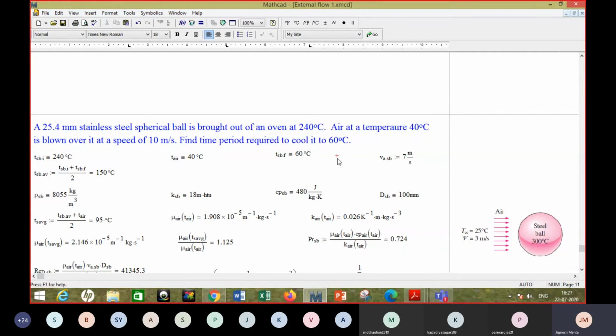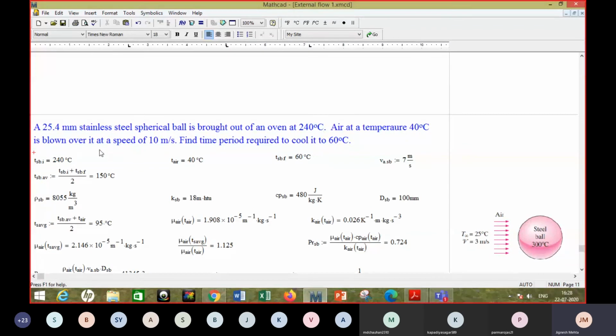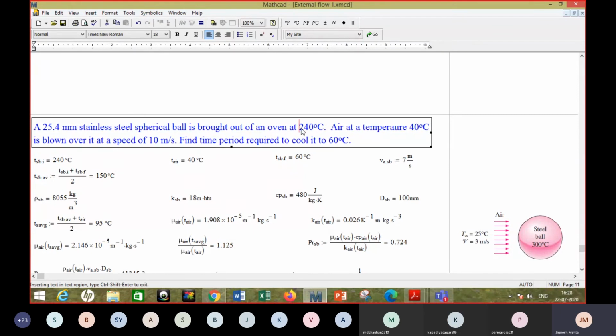Now, in a way, this is an example of transient conduction, right? You might come across this in the examples that you take in transient conduction also. But our interest here is just to get the heat transfer coefficient. Here the temperature is not remaining constant.